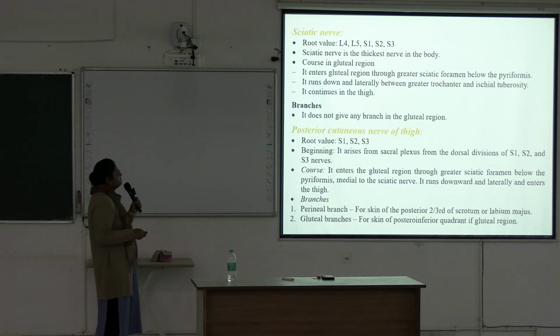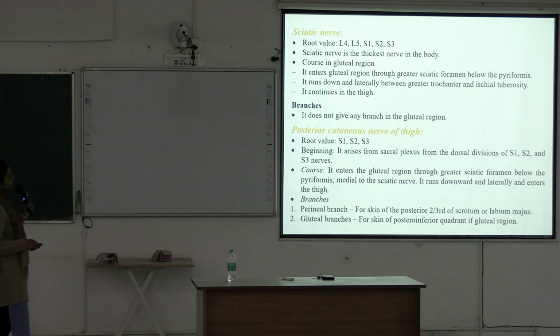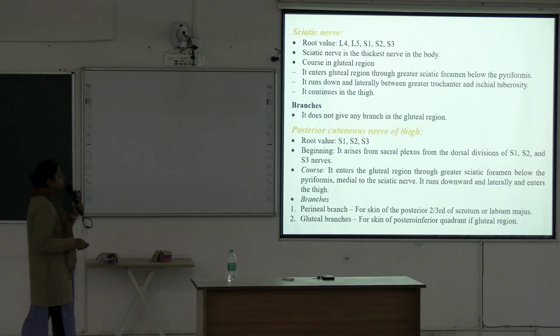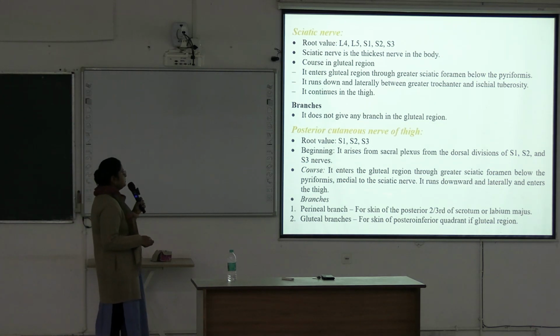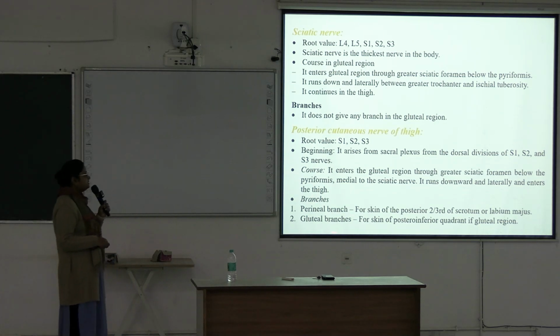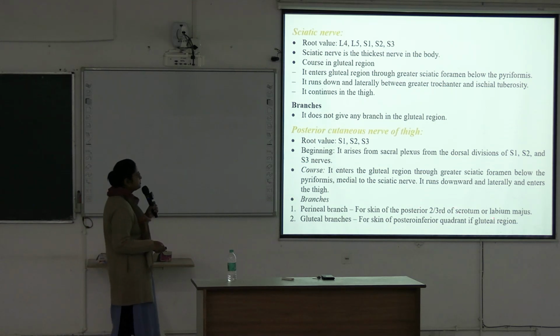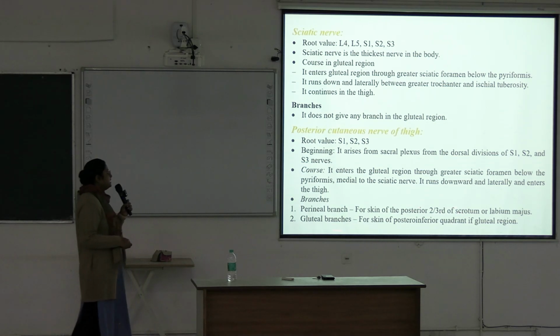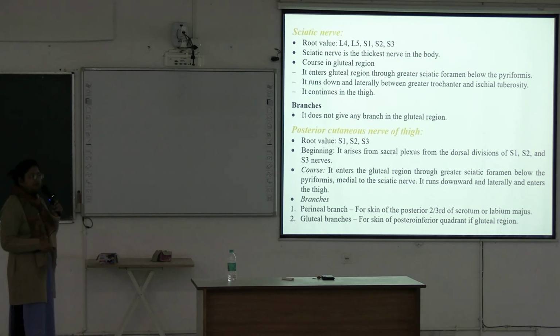Posterior cutaneous nerve of thigh, S1, S2, S3 is root value, begins from sacral plexus from the dorsal division of S1, S2, S3 nerve, enters gluteal region through greater sciatic foramen below the piriformis, medial to sciatic nerve, runs downward and laterally, enters the thigh, gives branches perineal branch and gluteal branch. Perineal branch for skin of posterior two-thirds of scrotum or labium majus, and gluteal branches for skin of posterior inferior quadrant of the gluteal region.